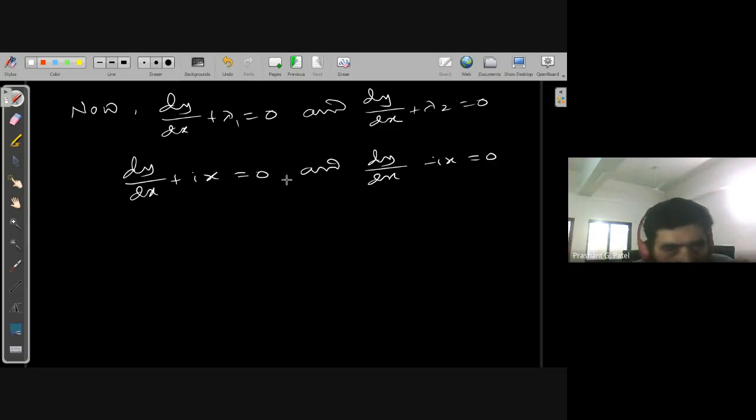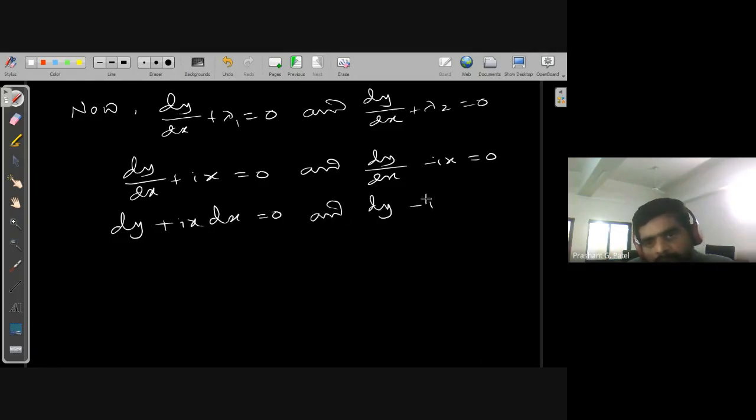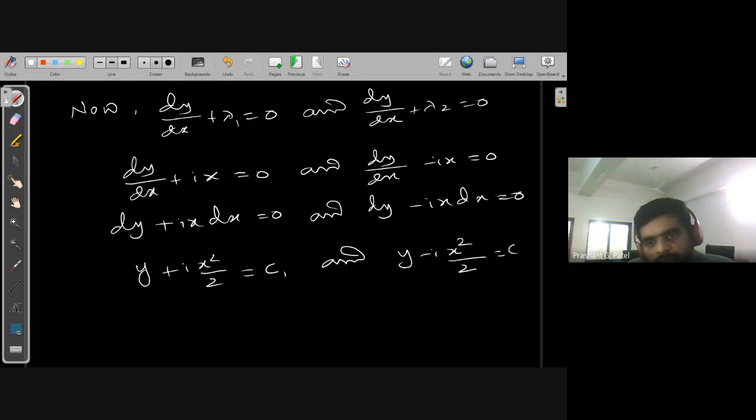Again by the separable variable method, dy plus ix dx is equal to 0 and dy minus ix dx is equal to 0. So this gives me y plus ix square by 2 is equal to some constant c1 and y minus ix square by 2 equal to some constant c2.